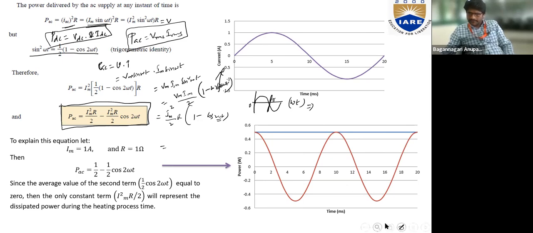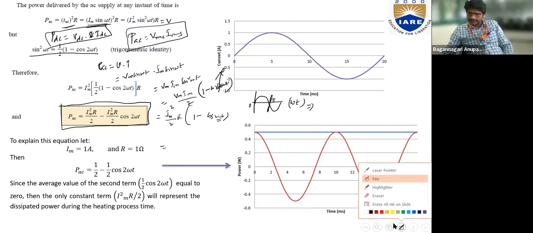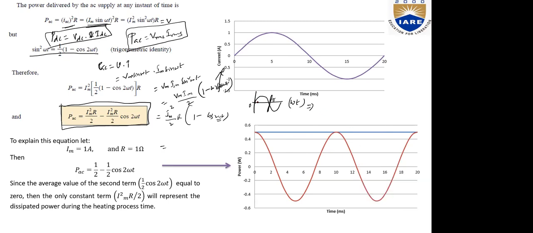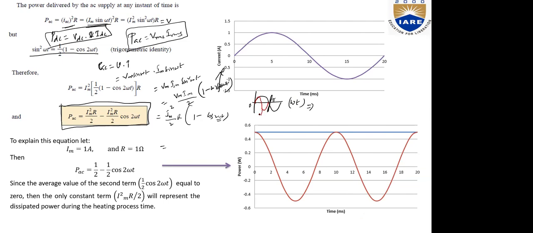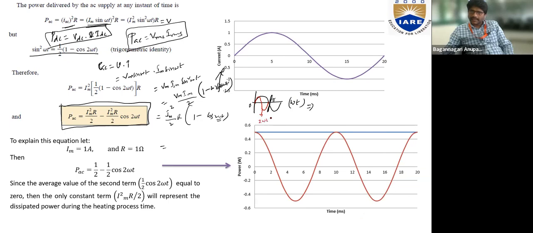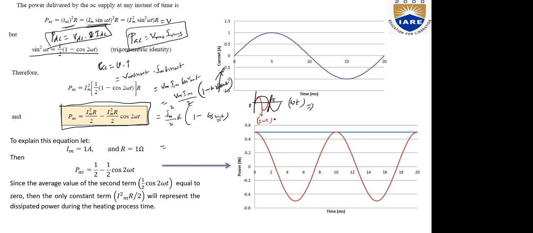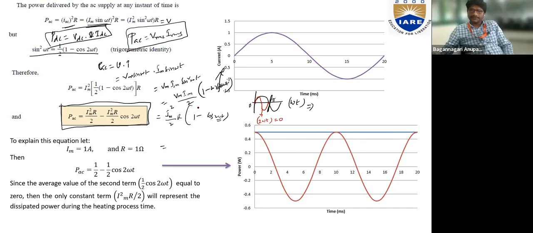Will it remain the same or will it change? It will shrink, it will become something like this. So since we are calculating the average value over a complete cycle from 0 to pi, what is the average value of this signal? We'll get 0.